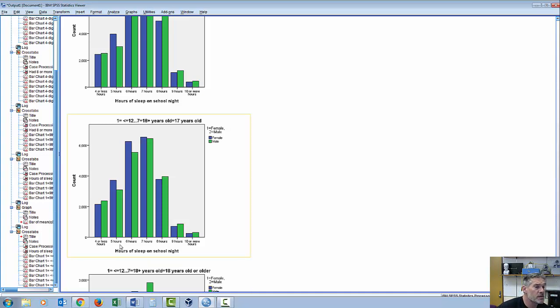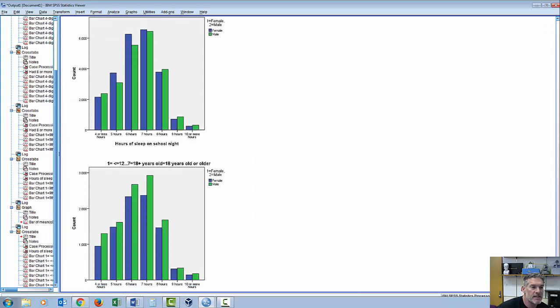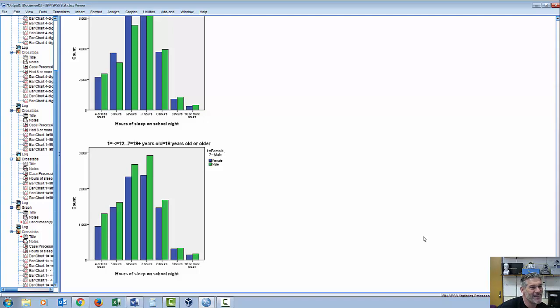Females are still heavier on the low side, but males are much more normal around 7. And by the time they're 18-year-olds, look at that. If you think about it, it starts out like this, and then eventually lines up. The green graph and the blue graph start out apart, and then they eventually line up. Well, they line up, and then it actually even passes.